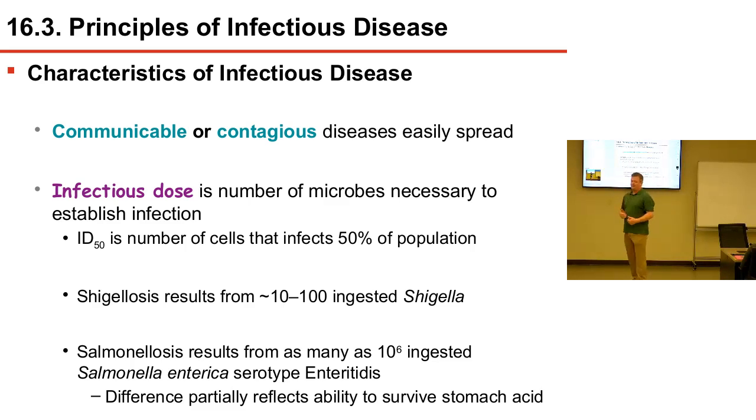Once it gets past the stomach acid, then it's game on. But you may have to take well over 1 million of them to actually get the chance of a few to make it to the intestine. Where Shigella, they're all acid resistant, and so it only takes a few because they're all going to make it past, at least in theory. So we have different ID50s for both Shigella as well as Salmonella.